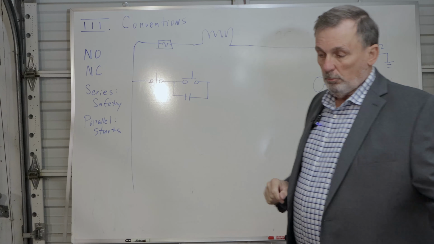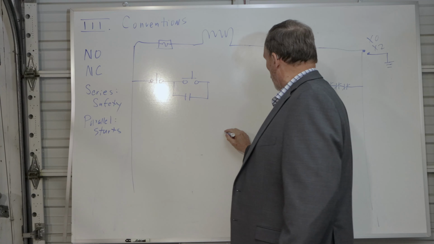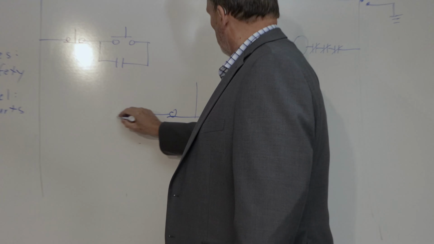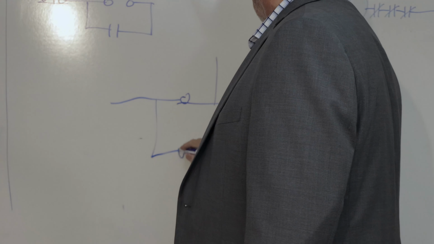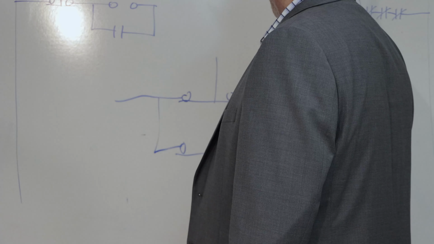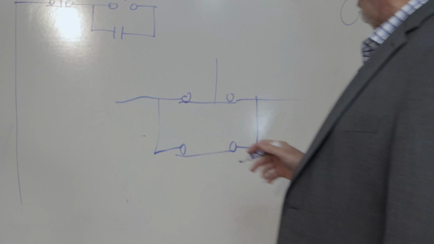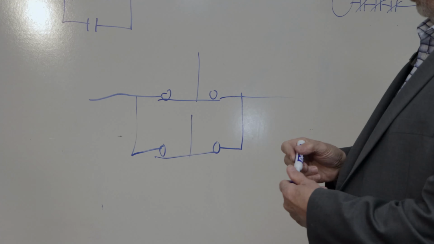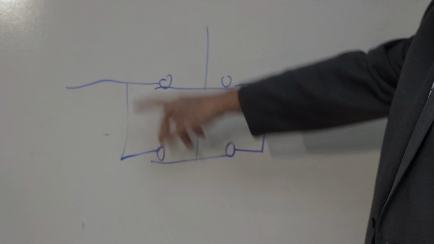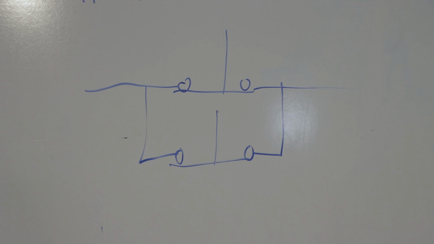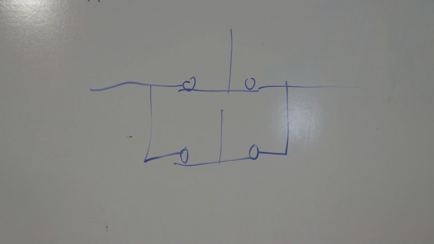As an example, what good would a safety circuit be if the contacts were wired in parallel? I push one stop button, the circuit still continues. It's not going to work. So we always put our safeties in series.